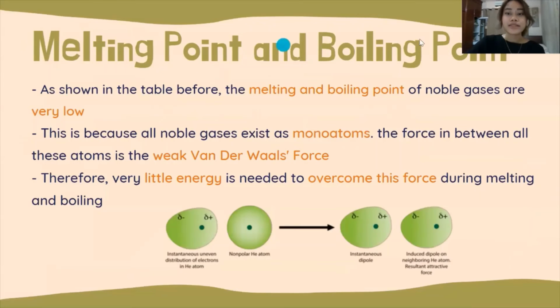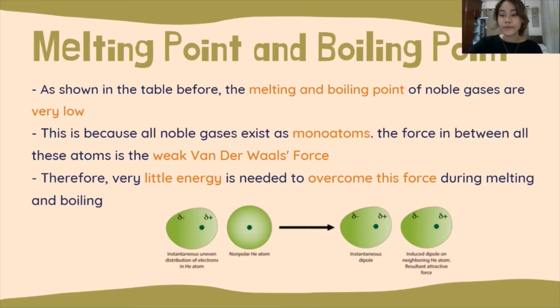Next is melting points and boiling points. As I said earlier, the melting points and boiling points of these noble gases are very low. Why they have very low melting and boiling points is because all noble gases exist as monoatoms. Unlike oxygen, which is a diatom because it has two atoms, group 18 is monoatomic.